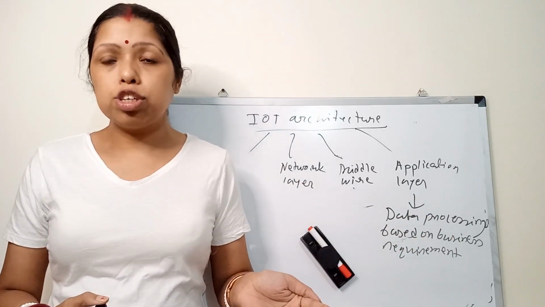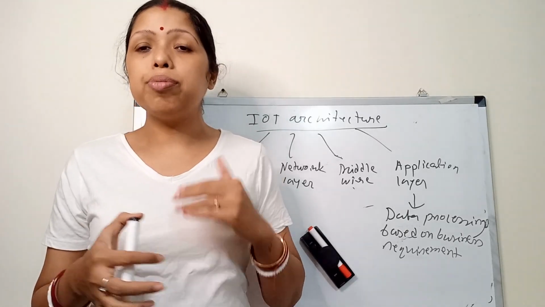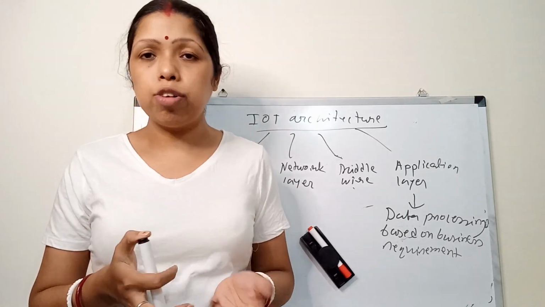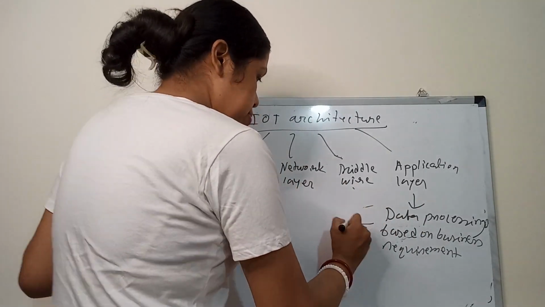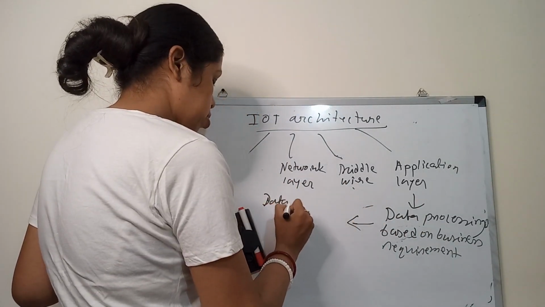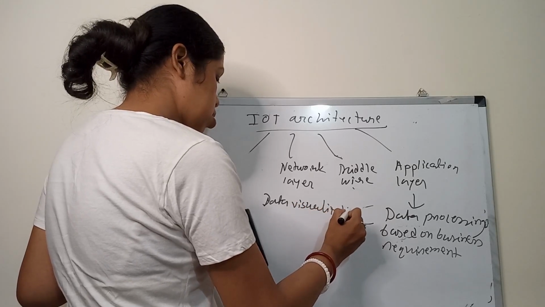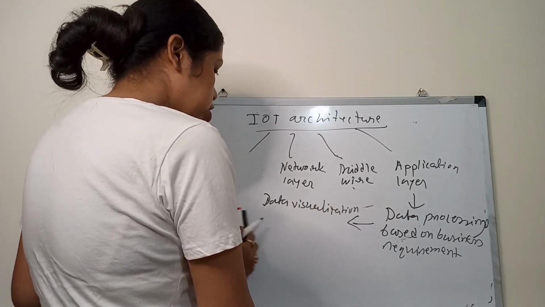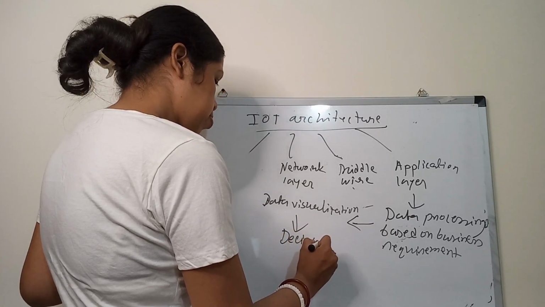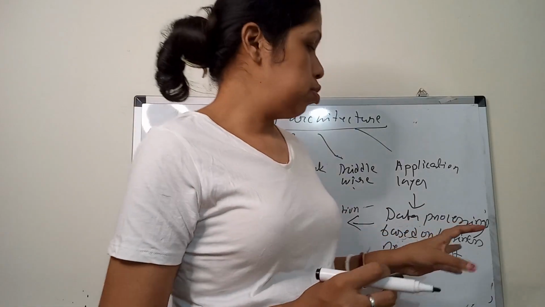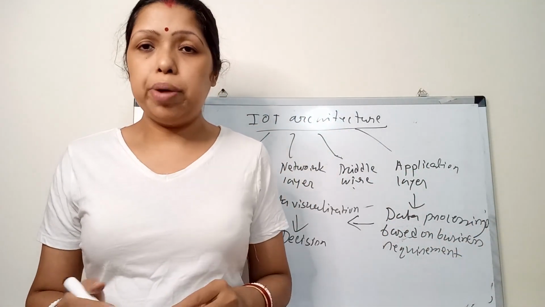And after the data processing, you can visualize those data and you can take some immediate action. Along with the data processing, there is data visualization and decision. The decision is normally related to the business requirement.